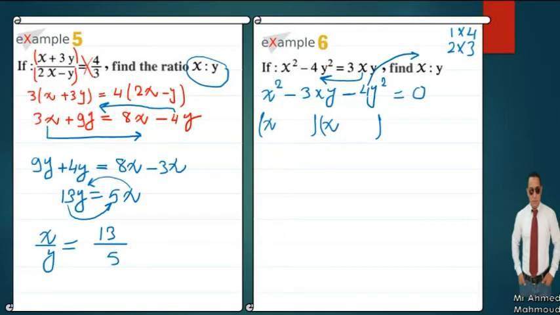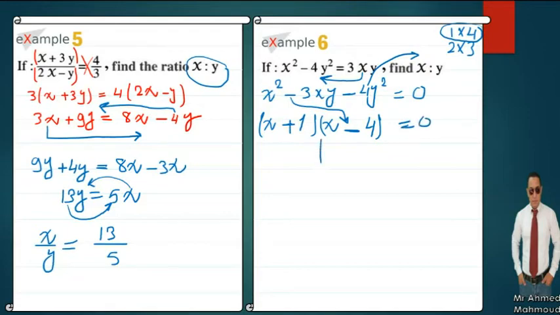Then I will choose 1 and 4. Okay, I will put 1 here and 4 here, and I will send the middle sign to the bigger factor here, and this one will be the opposite one. Okay, this equals 0.